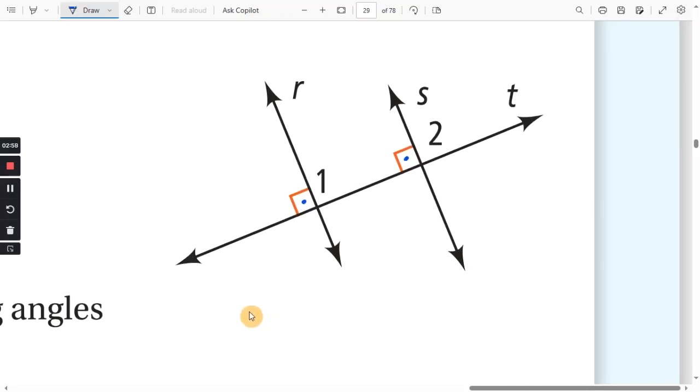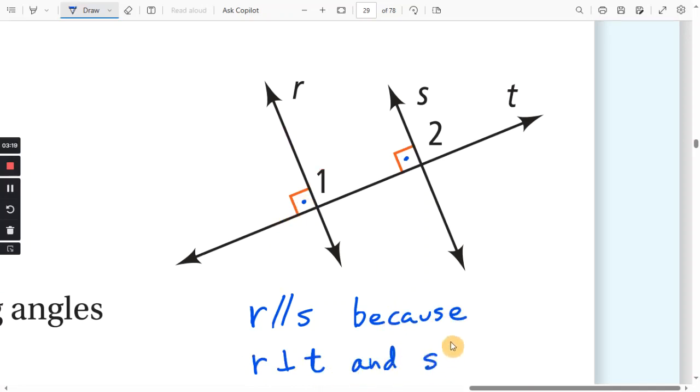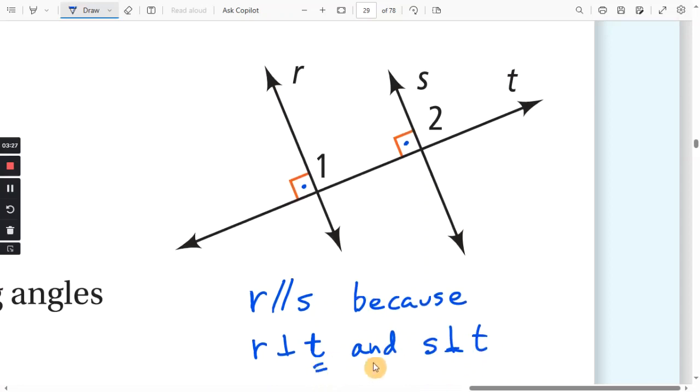Therefore, R is parallel to S because R is perpendicular to T and S is perpendicular to T. Okay, they are both perpendicular to the same line, T. So they are going to be parallel to each other. I'll draw the little arrowheads indicating that they're parallel. They're both perpendicular to the same line, T.